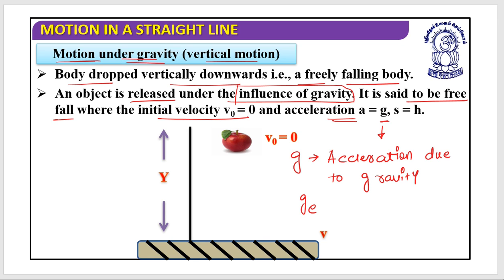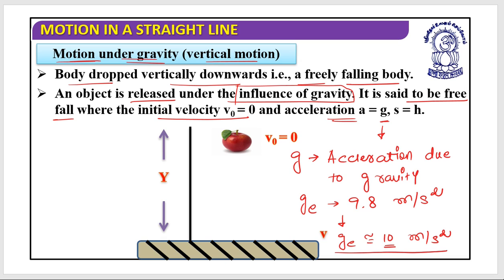The value of g on the earth is 9.8 meter per second square. But sometimes the examiner asks us to take g equal to 10, so that the calculation can be easier.